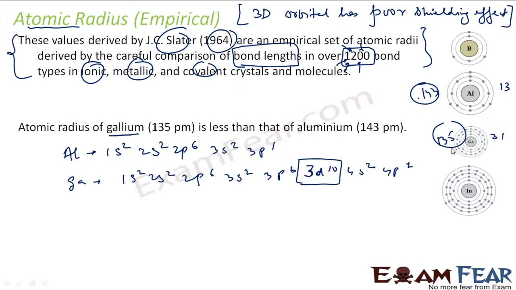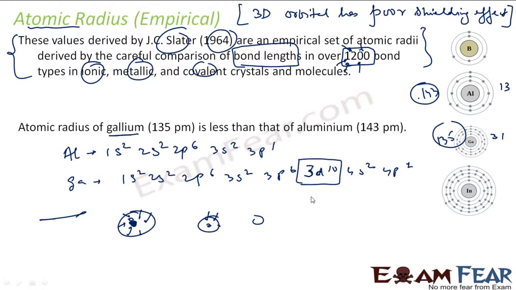Now since the shielding effect is poor in this case, see, the reason I told you for contraction of atomic size when you go from, let's suppose, here to here in the same period was that the nuclear charge increases. With the increase in nuclear charge, the nucleus is able to attract the electrons more.